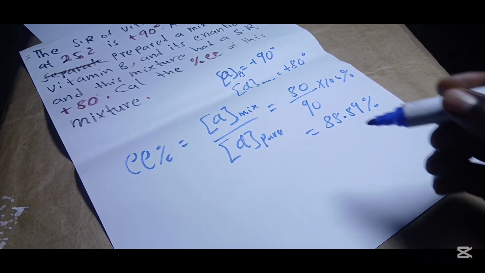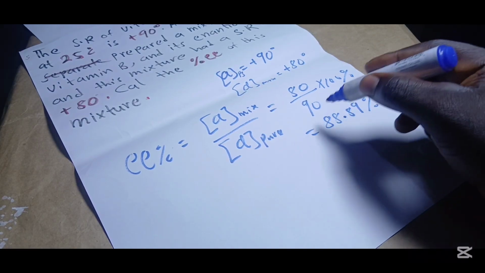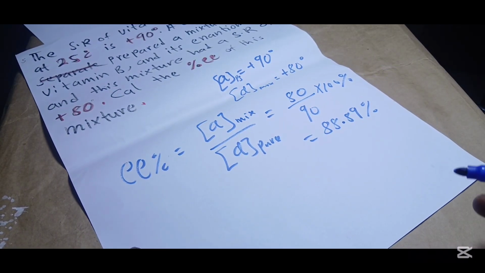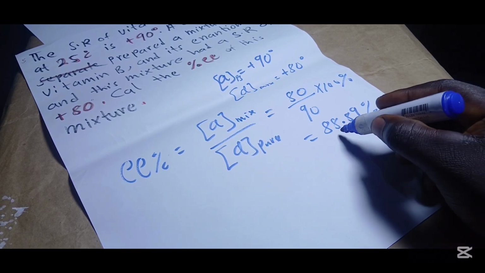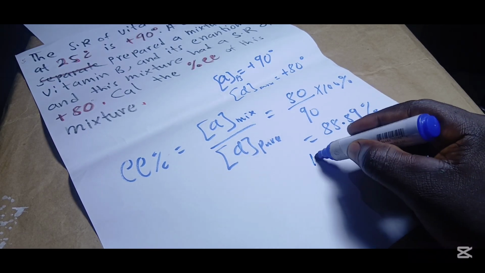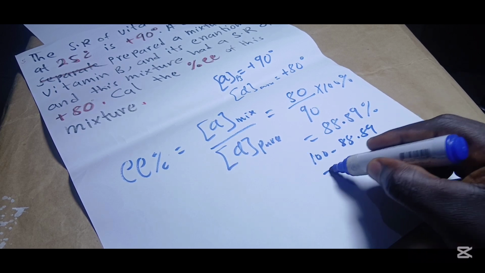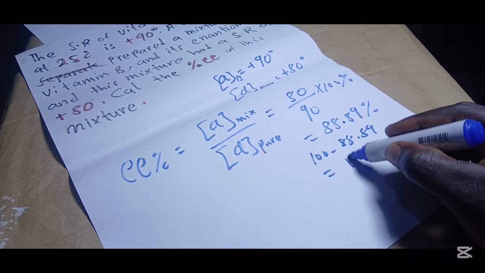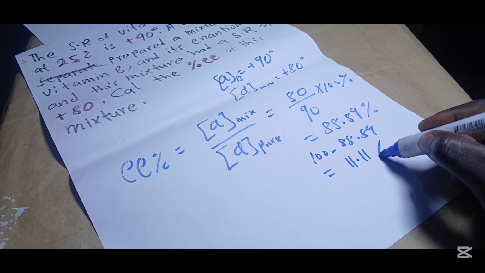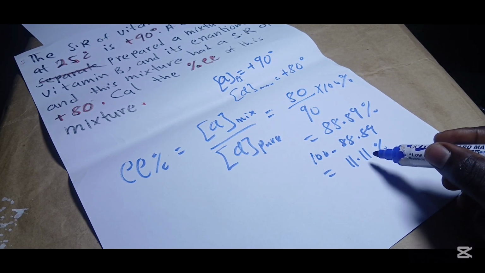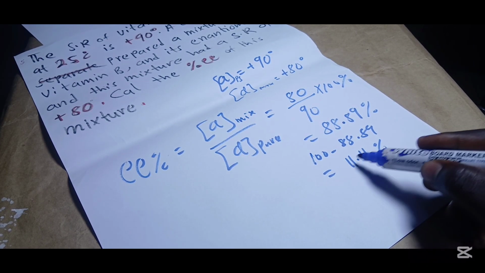So it means that some of the vitamin B has formed a racemic with the other enantiomer in the solution. So let's find the difference: 100 minus 88.9 should give us 11.11%. And this 11.11% is the racemic mixture.